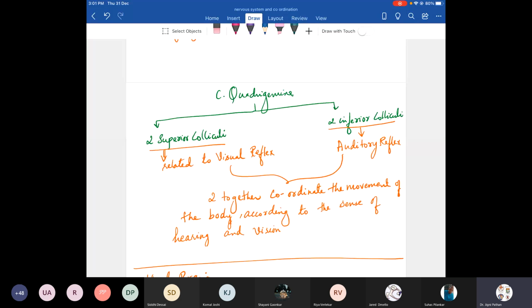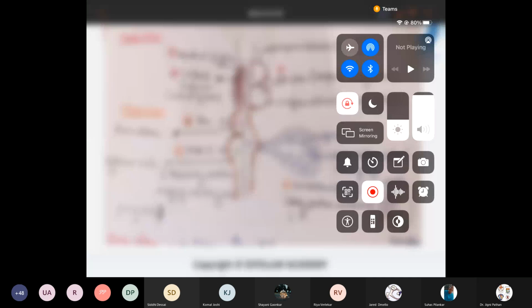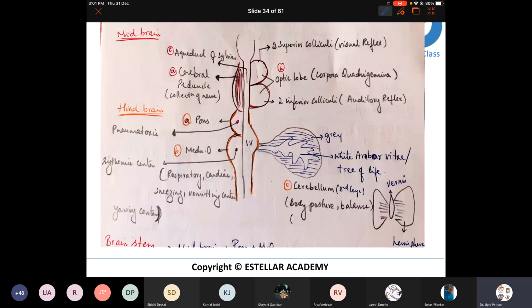Done? Okay. Now please draw this. Can you see the diagram? The aqueduct of Sylvius is present in the midbrain; there are no ventricles in the midbrain. There is the cerebral peduncle on one side and the optic lobes on the other side.